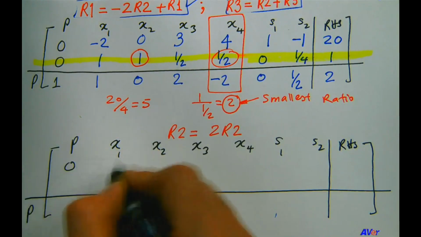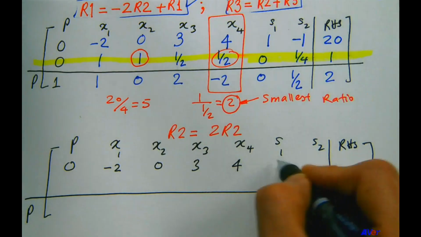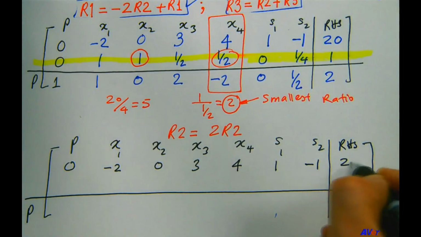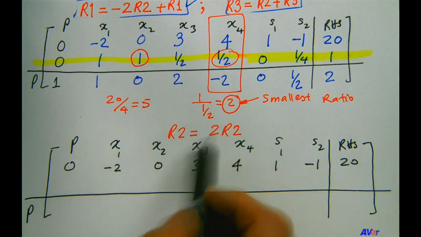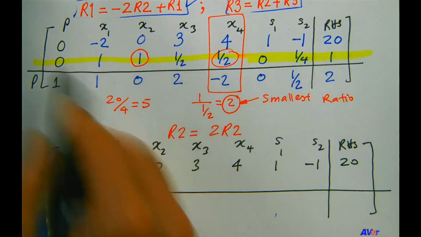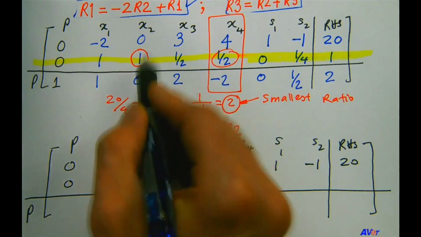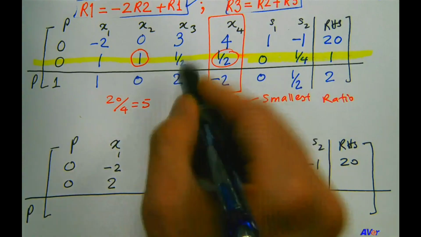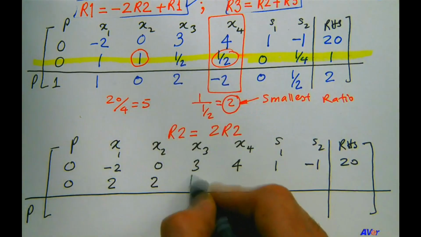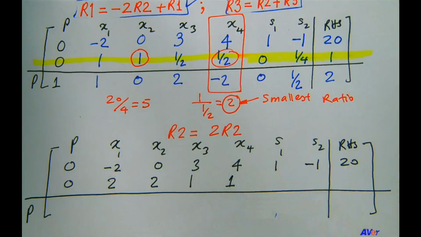So 0, -2, 0, 3. Okay, so let's multiply row 2 by 2. 2 times 0, 0. 2 times 1, 2. 2 times 1, 2. 2 times 1/2, 1. 2 times 1/2 again, 1 again. And that's our pivot element.